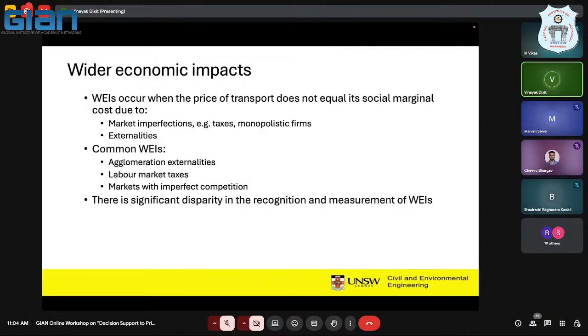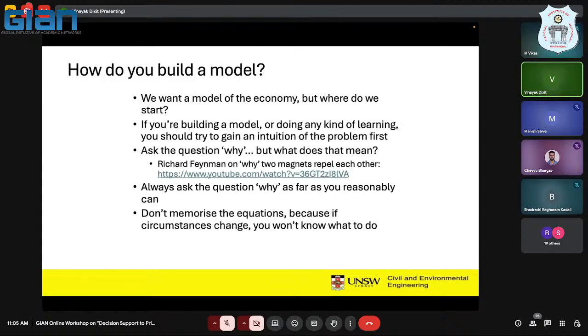What they'll say is that if you have done a $1 billion investment, then there's a multiplier of, for every $1 million, there's going to be 3 jobs that are going to be created in the economy. So there are different ways of recognizing and measuring the wider economic impacts. Any questions?